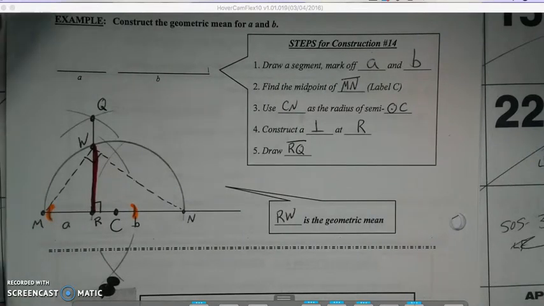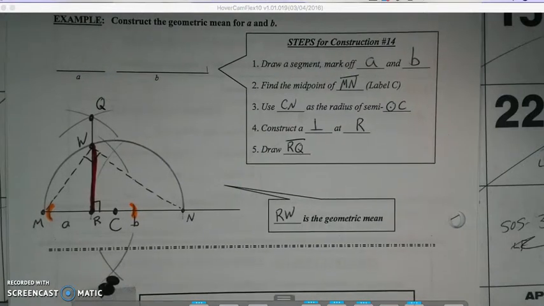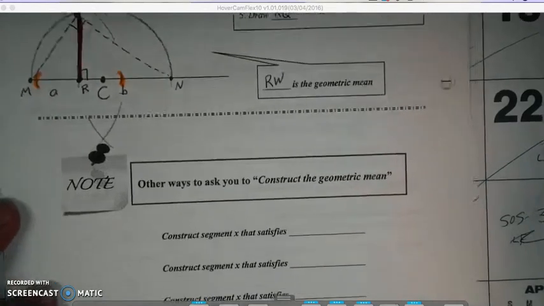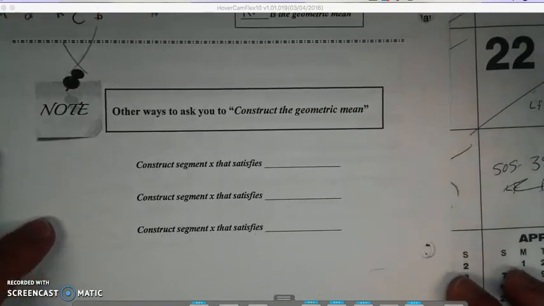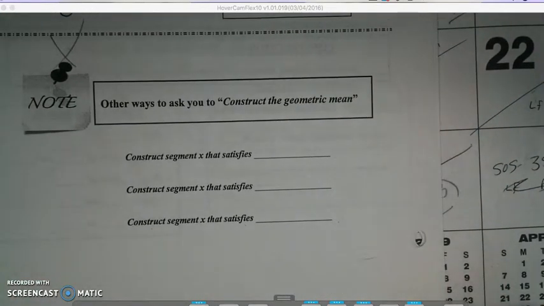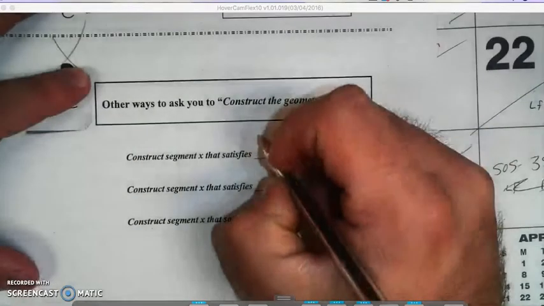And this is the last construction for this section, because I believe we did the other 2 the other day, like Tuesday. The last thing I want to point out is in the homework you'll be asked to do this. There are other ways to construct the geometric mean. They might write it like this.